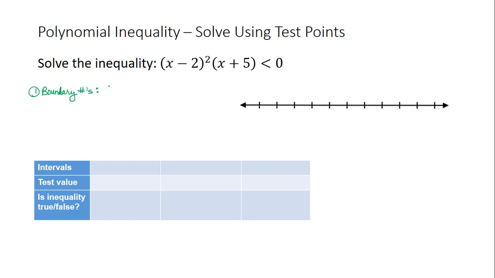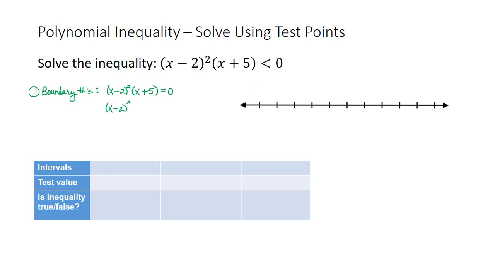Boundary numbers are solutions of this associated equation. That is, we replace the inequality symbol with an equal sign and solve that resulting equation. So we want to solve (x minus 2) squared times (x plus 5) is equal to 0. Because this is in factored form, we can set each factor equal to 0 and solve.